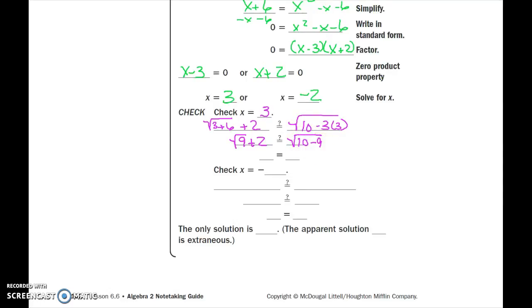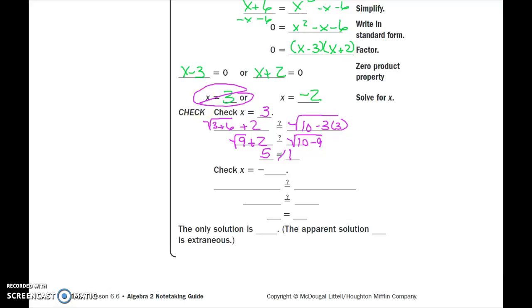The square root of 9 is 3, so 3 plus 2 equals 5. 10 minus 9 equals 1. The square root of 1 is 1. 5 does not equal 1. So therefore, 3 is an extraneous solution.